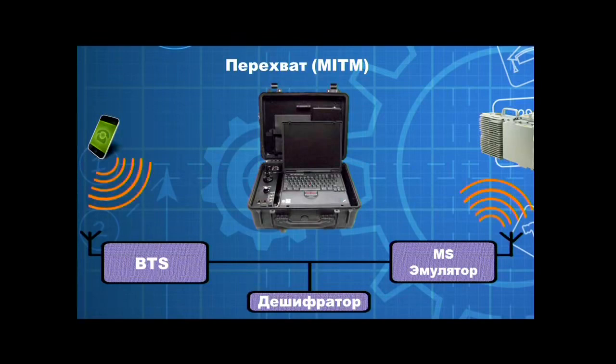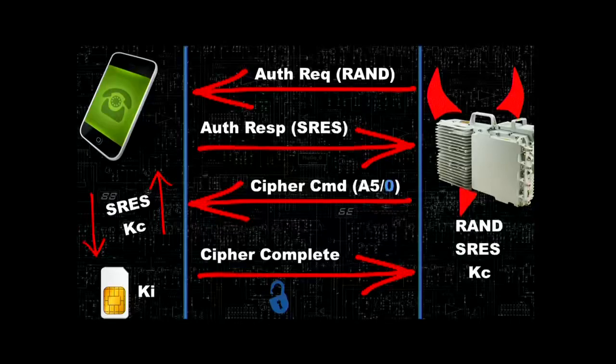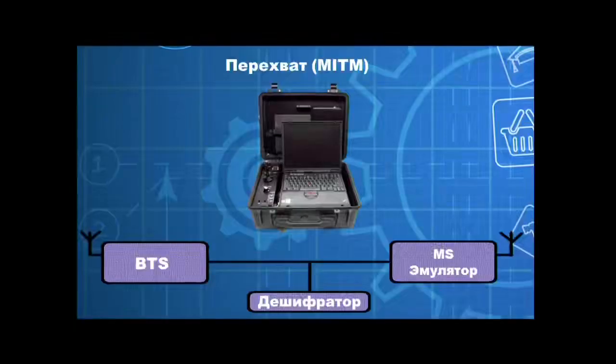The telephone is connected to the virtual station. The emulator of the mobile phone connects the telephone to the operator. For this purpose, the encryption code must be cracked with the Kc, which does the session encryption.